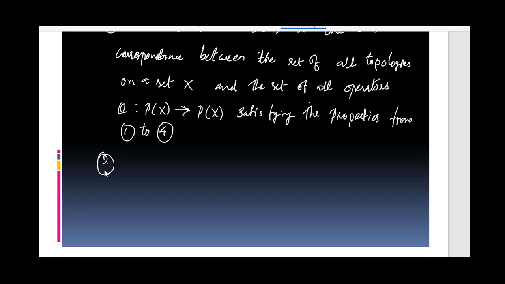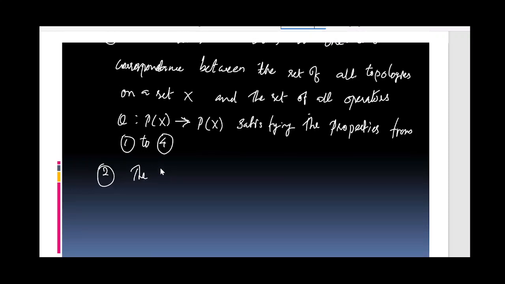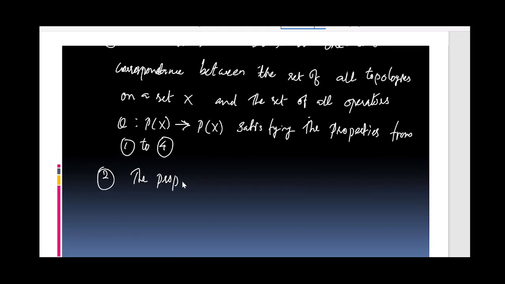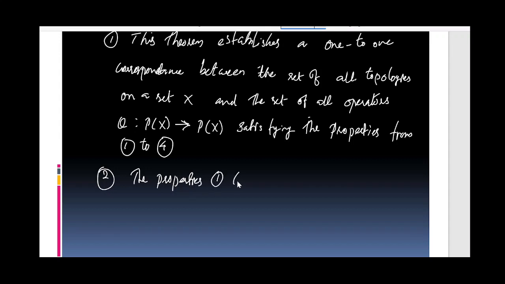Second note, the properties 1 to 4 are called the closure axioms.